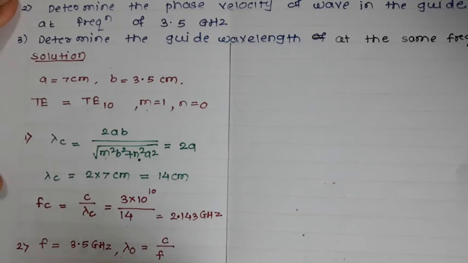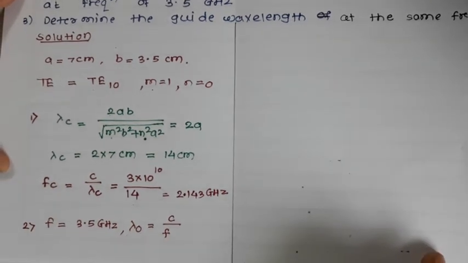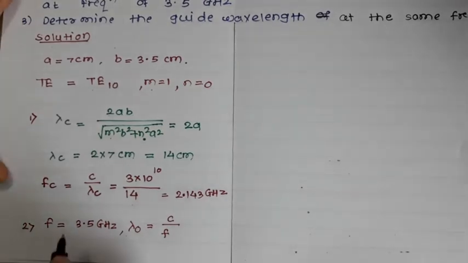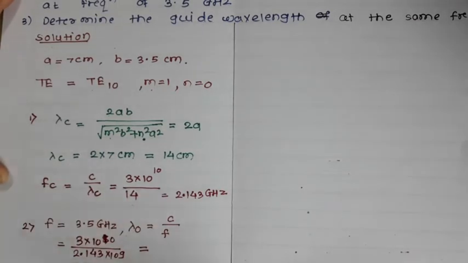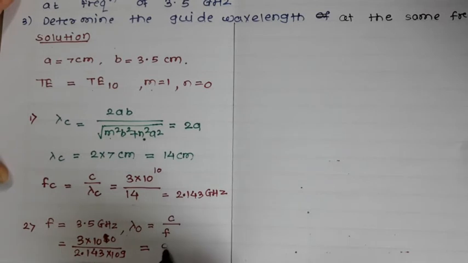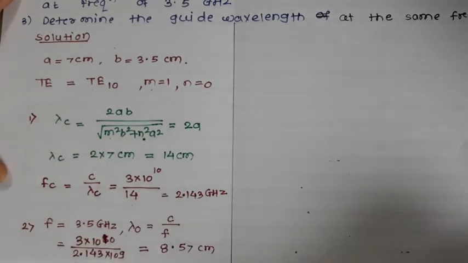Here c is the velocity of light. Let us do all these things in centimeter. 3 into 10 raised to 10 centimeters per second divided by f. This is 2.143 into 10 raised to 9, and if you calculate it, you will get lambda 0 as 8.57 centimeters.